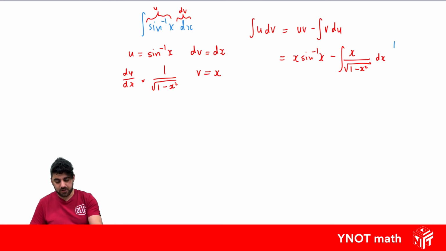Let's try a substitution here. We'll let u equal 1 minus x squared. So du dx equals minus 2x. So dx equals du over minus 2x.